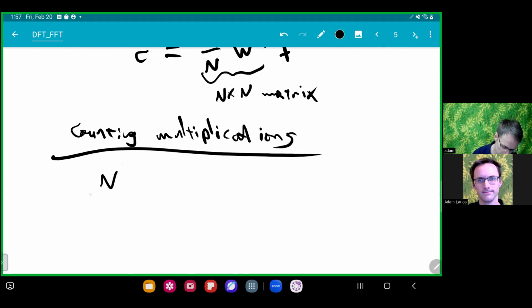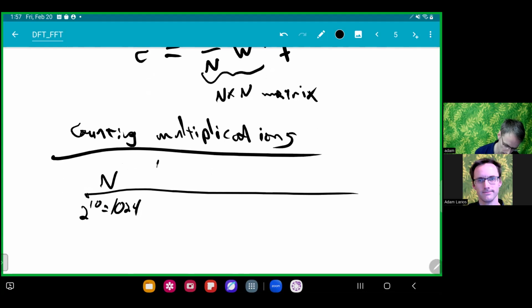So if, for instance, n is 2 to the 10th power, which is 1024, so if we have a 1024 by 1024 matrix, then for a matrix multiplication we have to multiply every entry of F by the entries of W, and that's n squared multiplications, right? So that's about 10 to the 6th, because this is about 10 cubed.